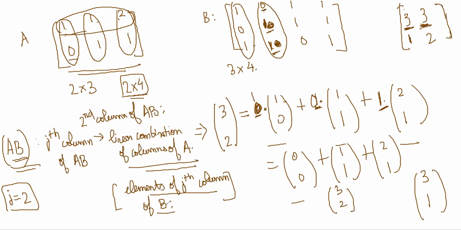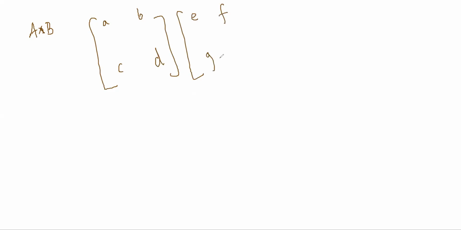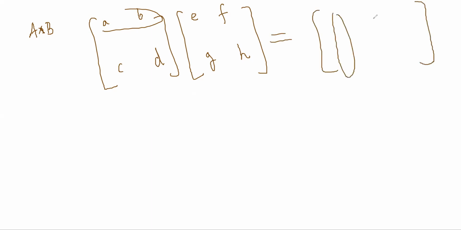This is much faster because suppose you have to multiply A and B now, right? So if you have A, B, C, D multiplied by E, F, G, H, right? Actually, this is itself fast, because I know how to do this: dot product, dot product, dot product, dot product. But one way to think of it is any column of the product, right?